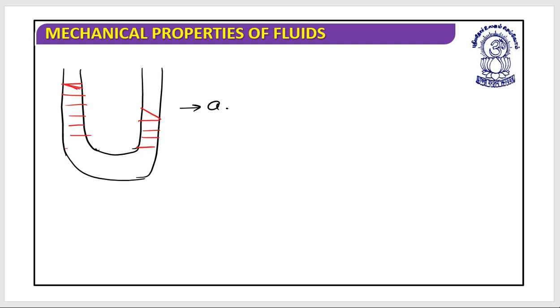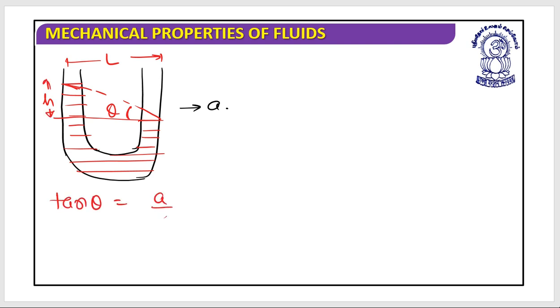This is theta, and this is the L. So I can write tan theta, let's call this H, tan theta equals A by G, as well as the height difference between two layers divided by length. Tan theta equals H by L. I hope this is clear.